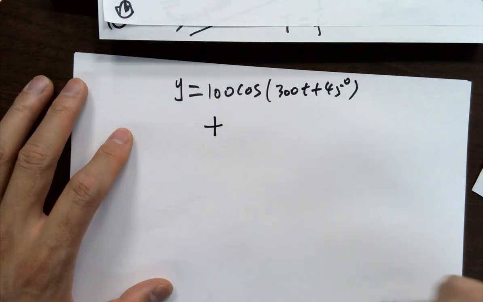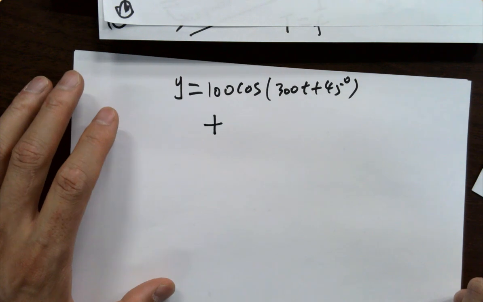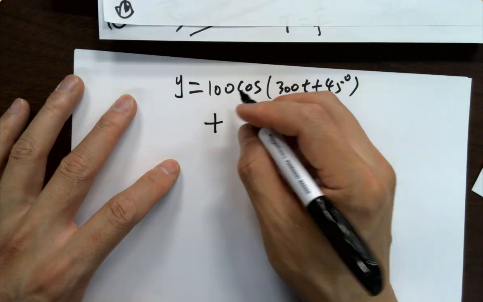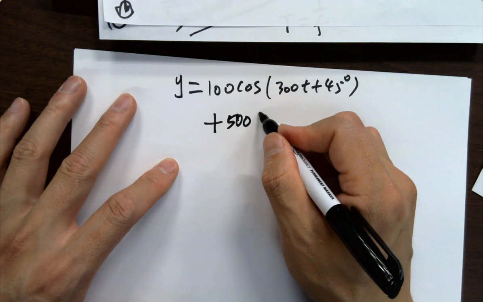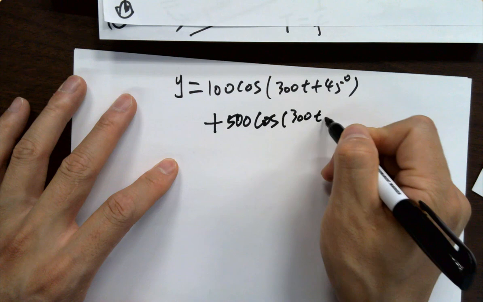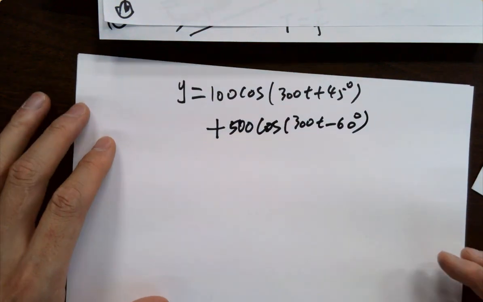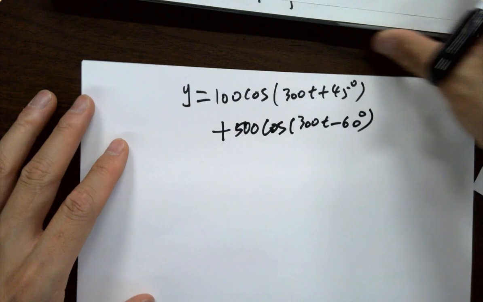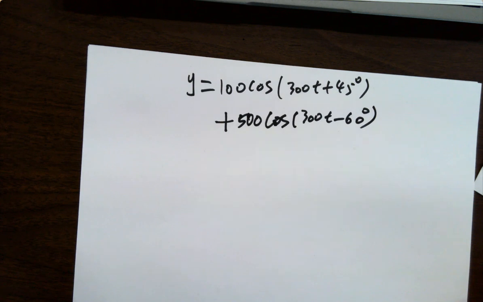Voltage. It doesn't say anything. Doesn't matter, right? Just math. How to do it? Definitely not in the time domain, right? Like I said, since we learned phasors, use phasors. How to use phasors to do the job?